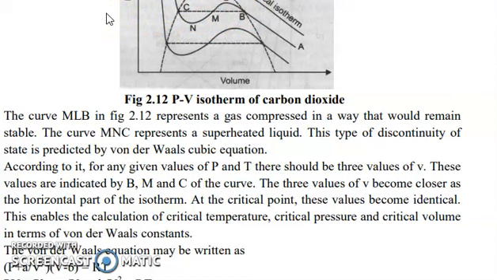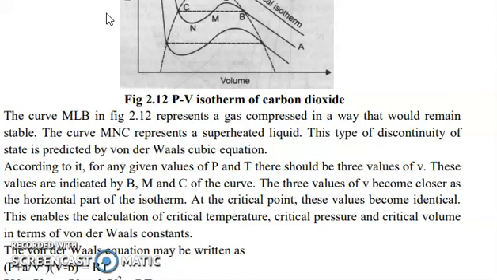The three values of volume become closer as the horizontal part of the isotherm shortens. At the critical point, these values become identical. This enables the calculation of critical temperature, critical pressure, and critical volume in terms of van der Waals constants.